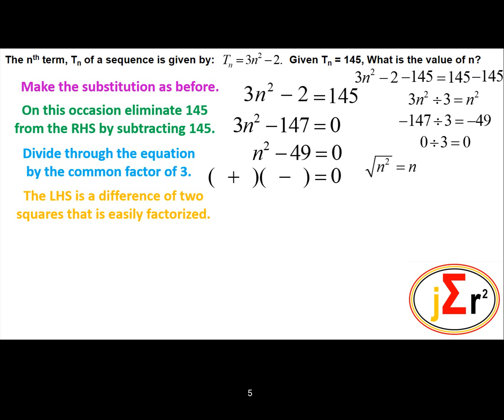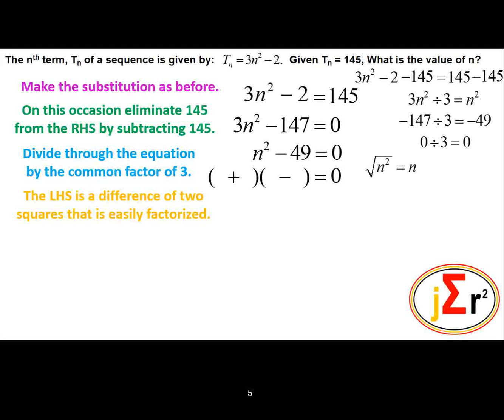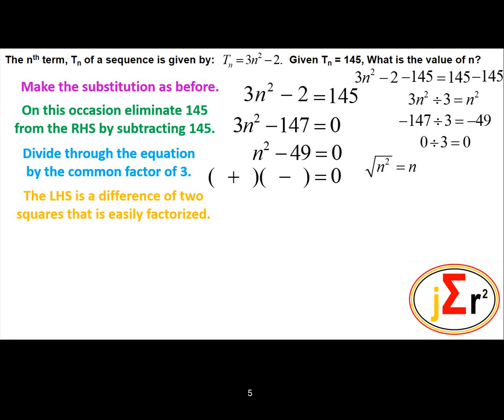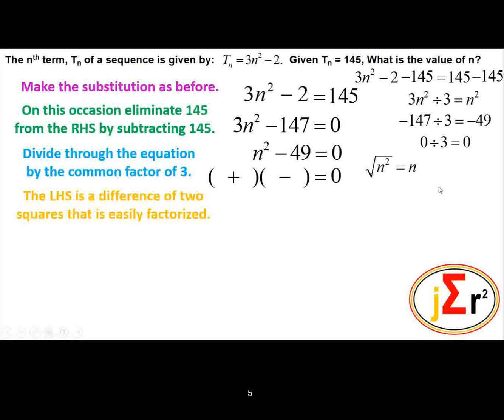We have done extensive work on factorization in Richard James Mathematics Resources, so I'm not going to take the entire time just to factorize the difference of two squares right here. We realize that we have two squares, n squared and 49, which is the square of 7. We're just showing in the nick of time how we will arrive at the two factors.